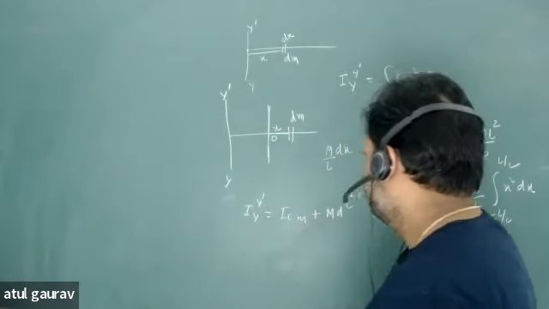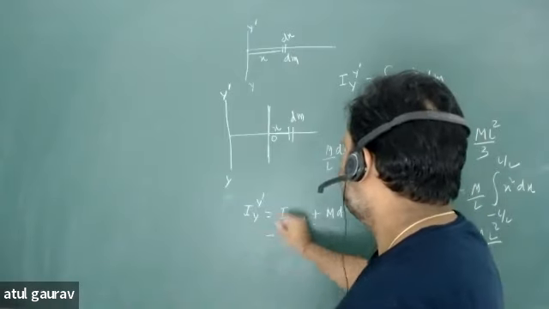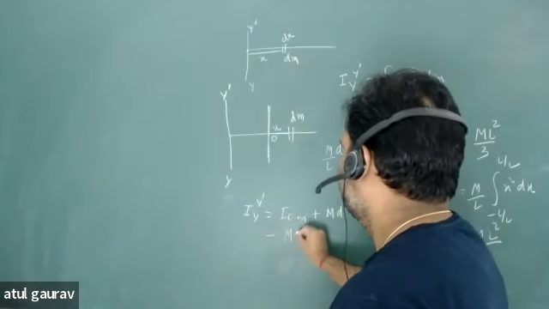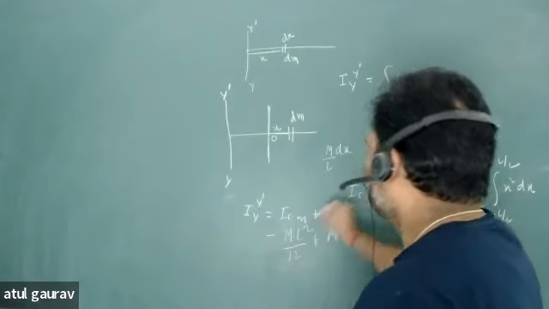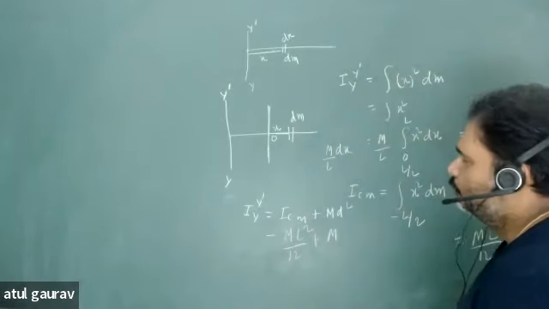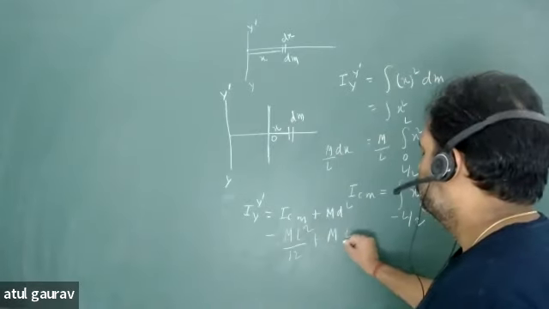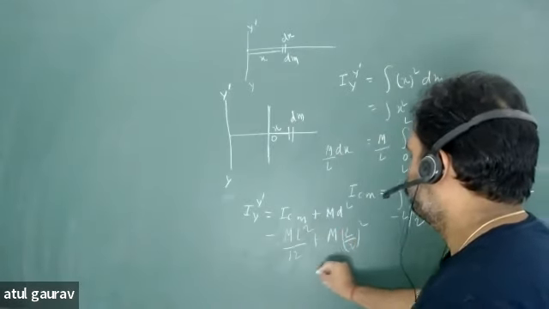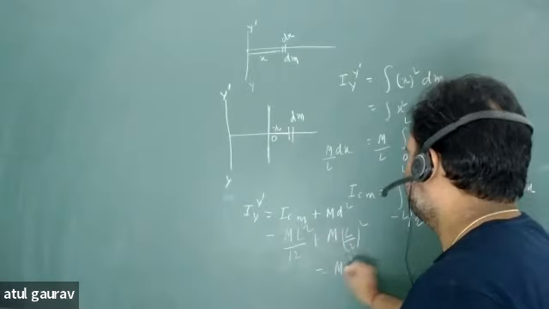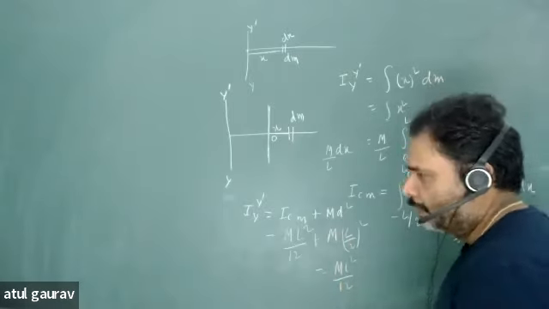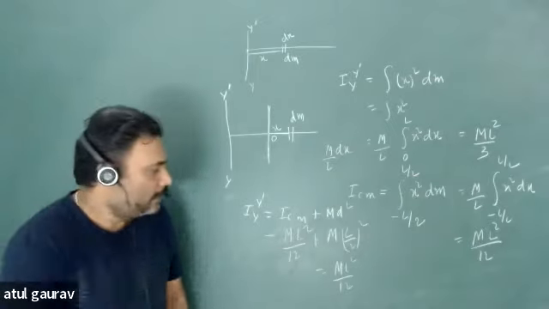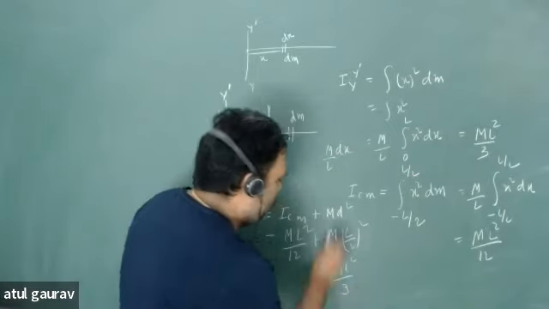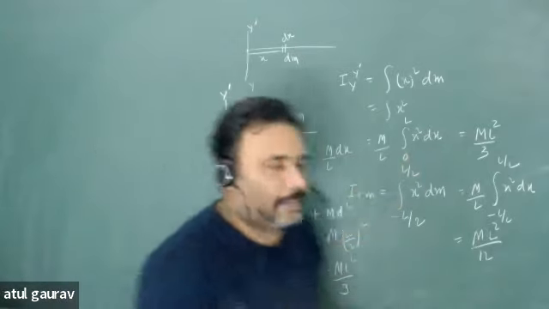ICM is ml square by 12, plus m times d, where d is L by 2. You will get ml square by 3. Exactly the same thing you are getting here.